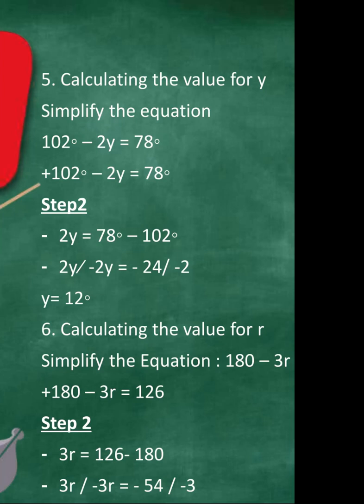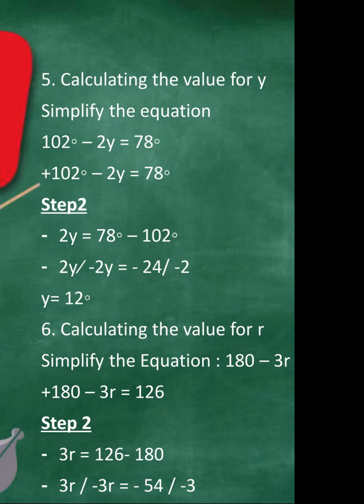And then what we will do is that since 102 is positive, we'll move it to the other side, and then it will be a subtraction, and then we'll have our 78 degrees on step 2 there minus 102. Are we all together? So we'll have negative 2y equals 78 degrees minus 102 degrees.